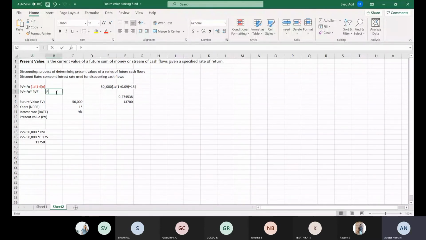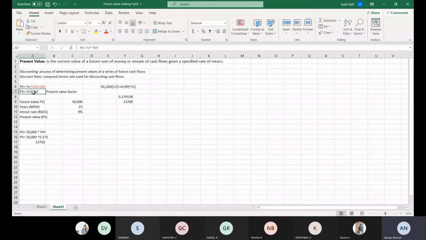I will write it here. If we replace the red portion with the present value factor, PVF, the formula becomes PV is equal to future value into present value factor.